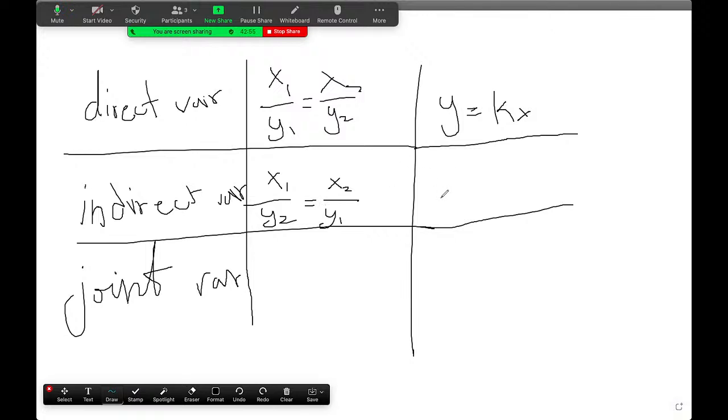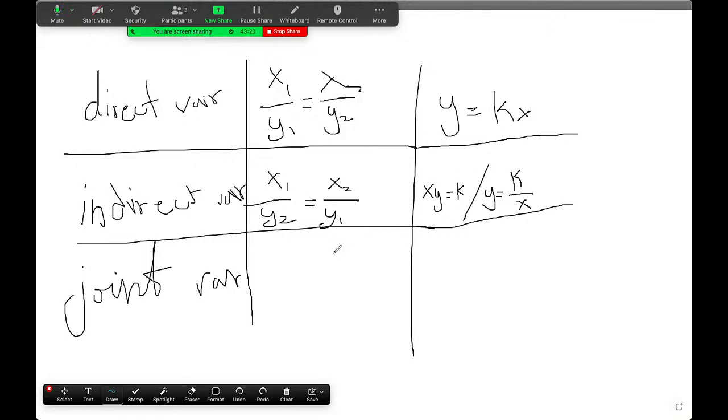And then this equation looks something like x times y is equal to k, or y is equal to k over x. Yeah, that's basically what it is.